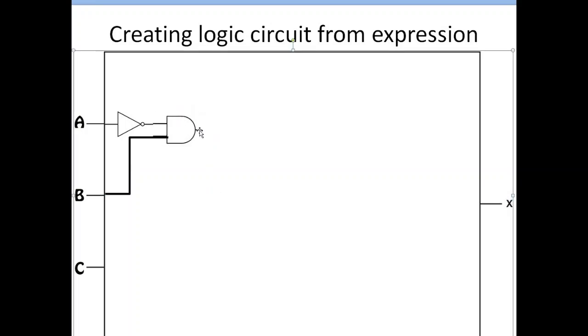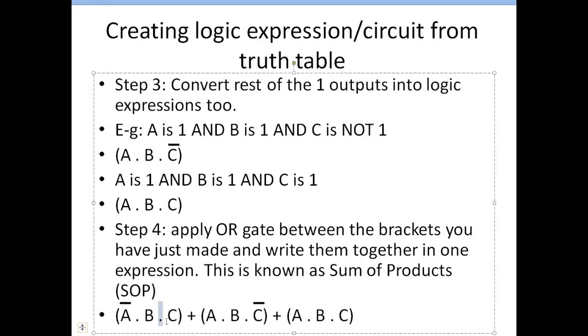Okay, and then this AND gate would go into another AND gate with the C. Like we discussed, if we have three terms, then this is our final gate, and these two combine together and they are joined with this one using the gate in between.